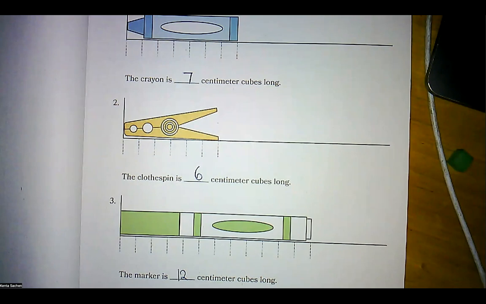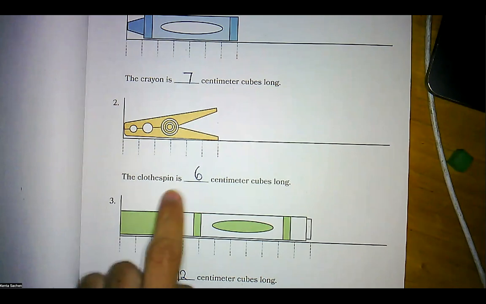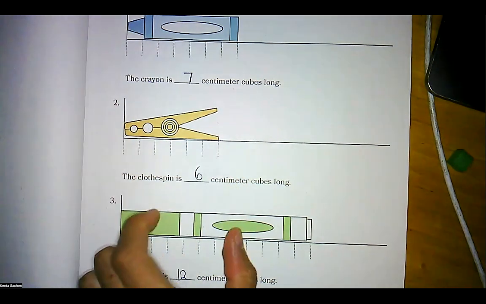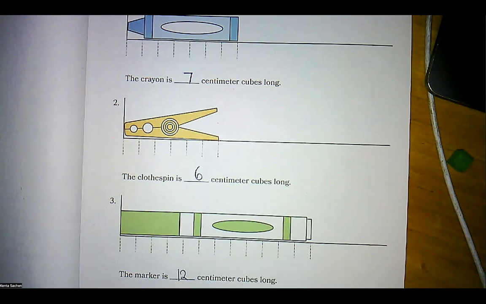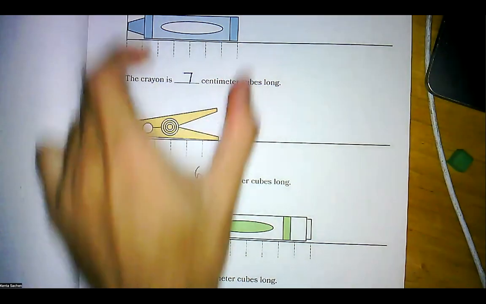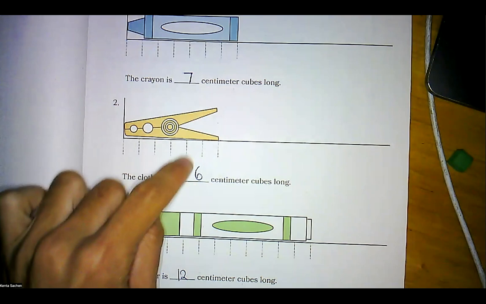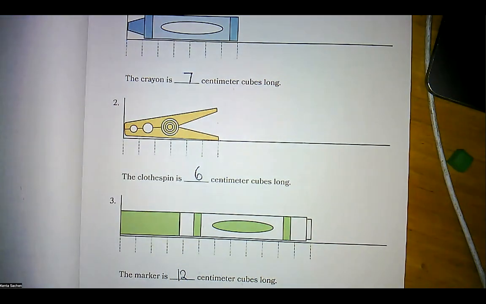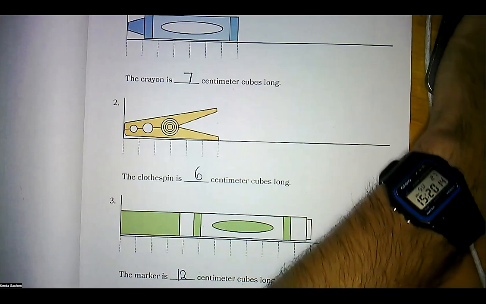Which is the shortest object? Very good, right? It's the clothespin. It's so short. It's only 6 centimeter cubes long. And the crayon is a little bit longer, right? So the number tells me how long something is. That's how we measure things, right?